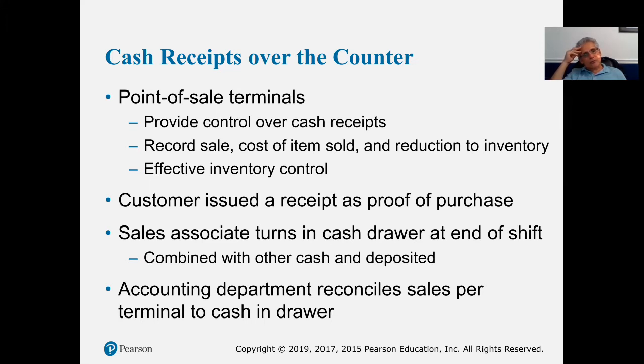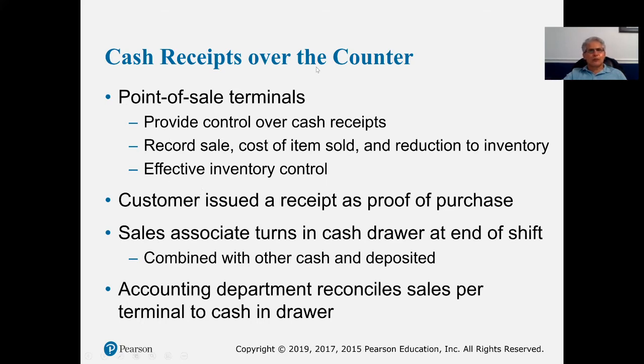It also helps to ensure that you record the sales accurately, that you record the cost of items sold accurately, and you reduce inventory accurately. So it's effective for internal control. If you think about those scanners at the exits of Target and Walmart, those point of sale terminals update not only sales, but they update your inventory records.